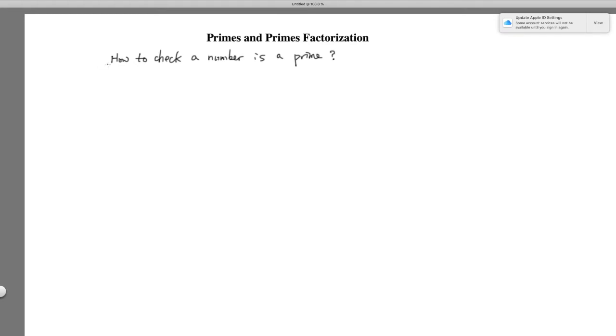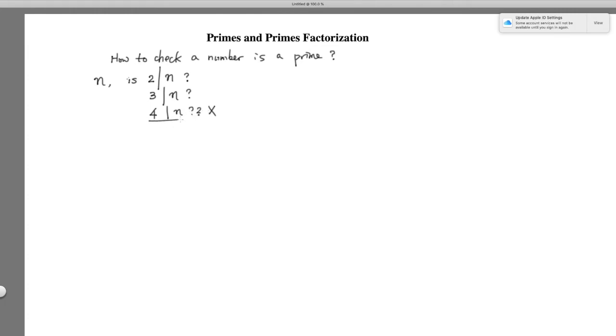So what we do is basically, given any number n, we just try all the prime numbers starting from 2. We'll do the following. Check: does 2 divide n? Does 3 divide n? Do we need to check whether 4 divides n?